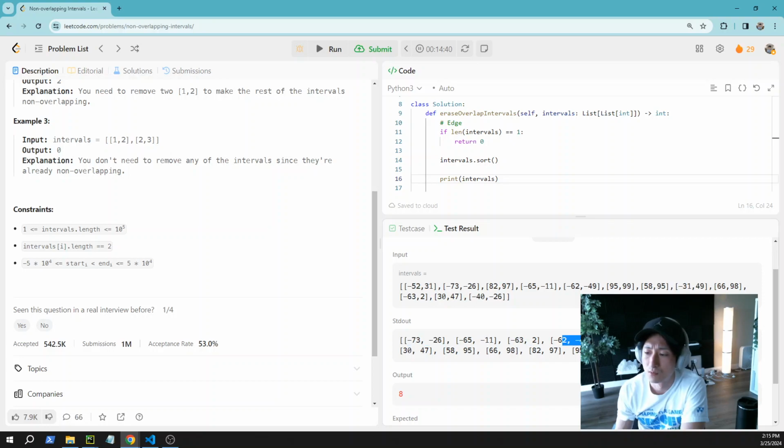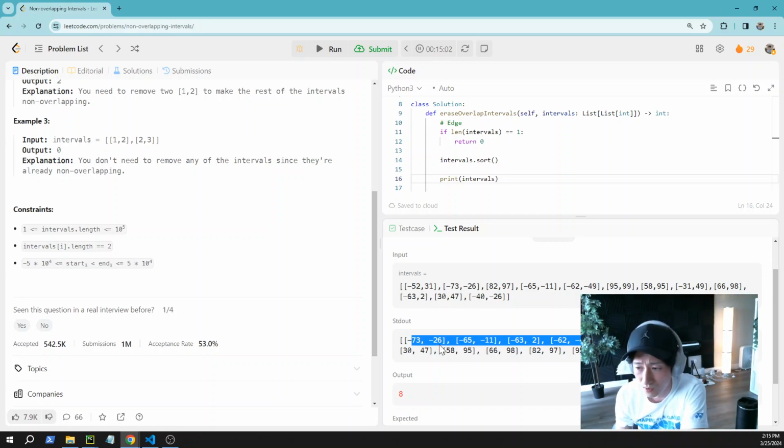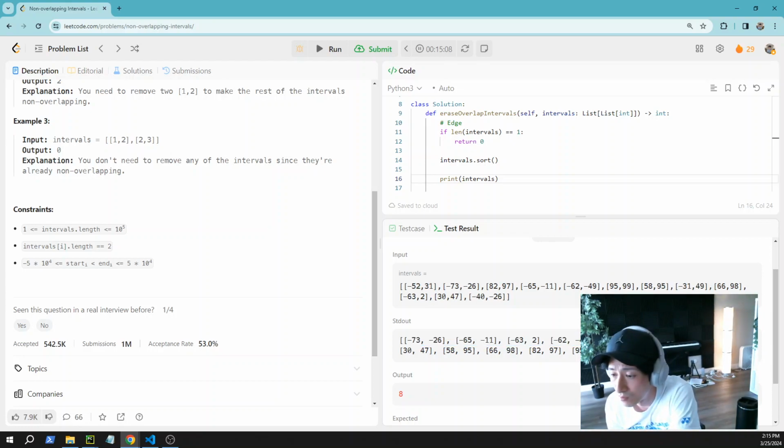This is overlap. This is also overlapped. This is overlapped. Oh, 1, 2, 3, 4, 5, 6, 7. We want to just remove only 5 and then keep 2. 1, 2, 3, 4, 5, 6, 7. How can I keep 2?